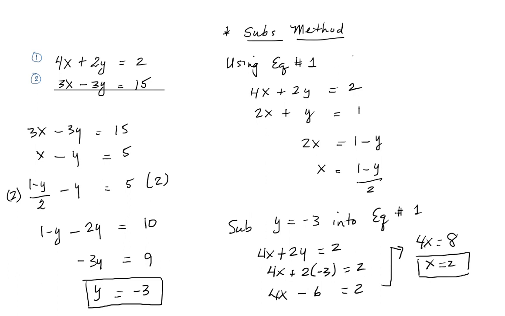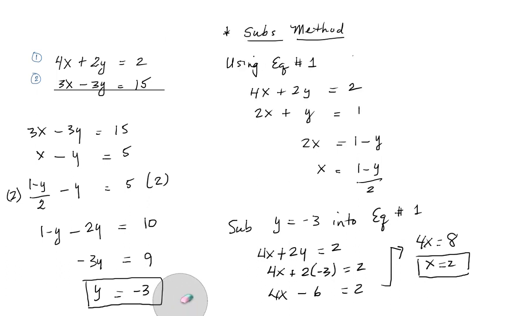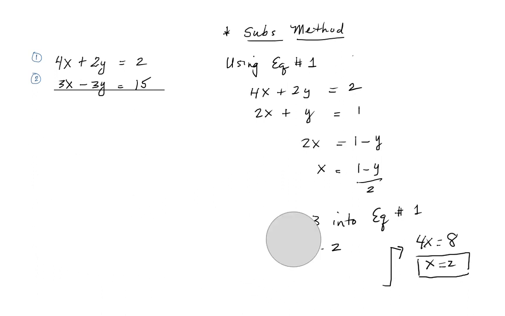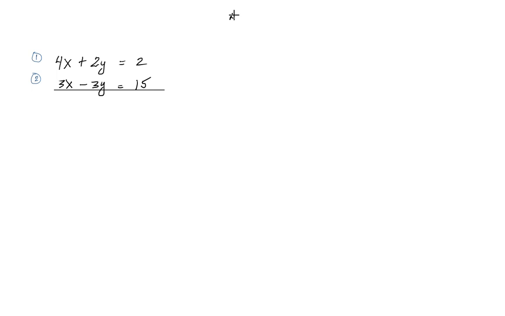All right. What if we decided to do the method of elimination? So let's take this whole thing and let's start from scratch. Let's use the method of elimination now. But this is a little different than the straightforward one.